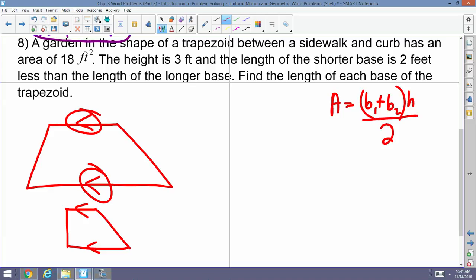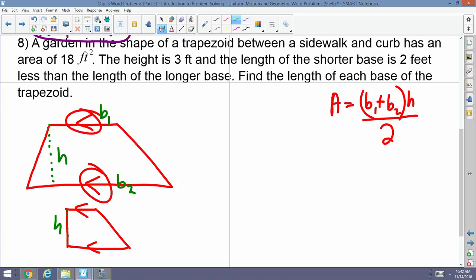I don't care who you call base 1 and base 2, or vice versa. It does not matter to me. Where did they get the height? The height is the distance from the top base to the bottom base. And that's where you get everything that you need from a trapezoid, okay?